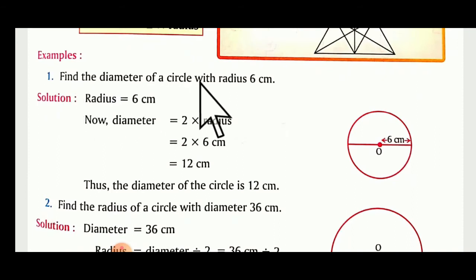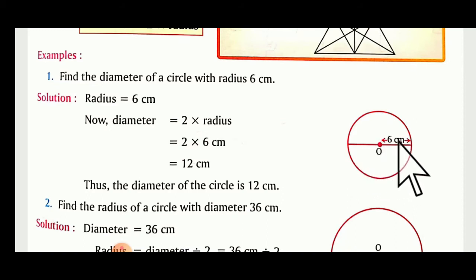Example, find the diameter of a circle with a radius 6 cm. See, from O to the end of the circle, the length is 6 cm. Diameter is what? From one end to the other end of the circle, that we call the diameter. If radius, that is half of the diameter, is 6 cm, you add 6 or multiply by 2. Why is it 2 times?